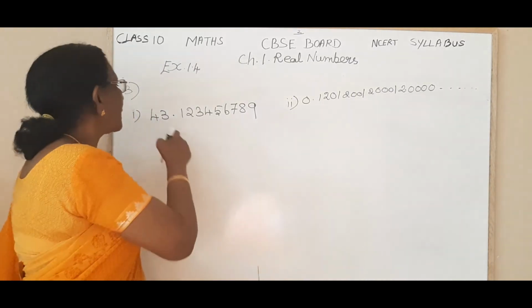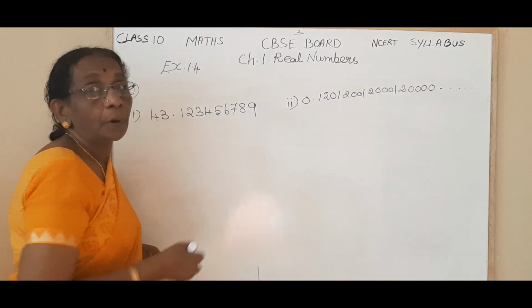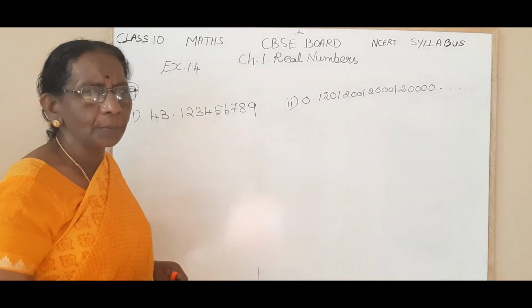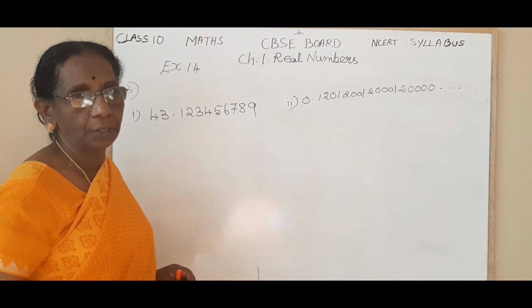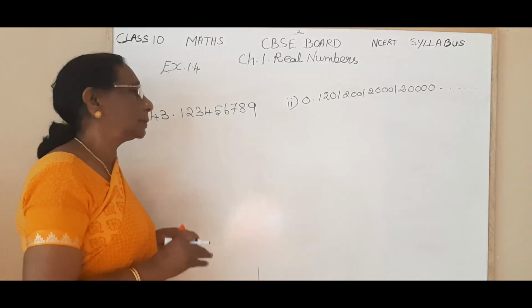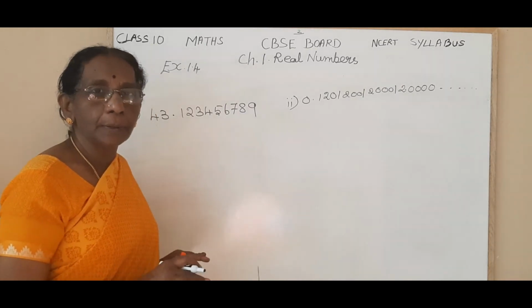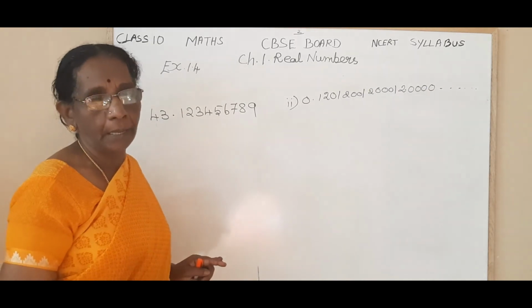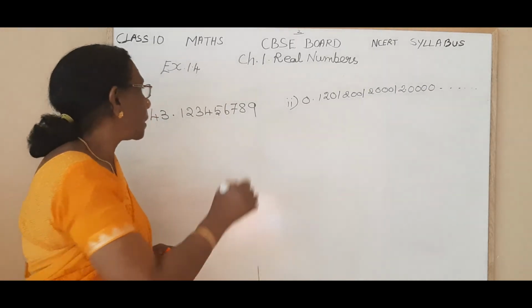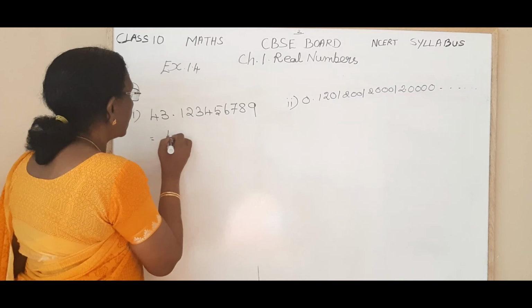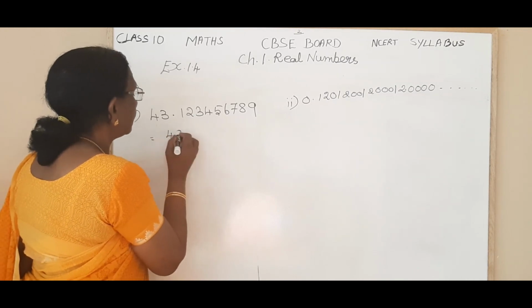Okay, so now see here, this is what type of decimal expansion? Terminating decimal expansion. So if it is a terminating decimal expansion, it will represent a rational number. So this should be 43, it is a rational number.